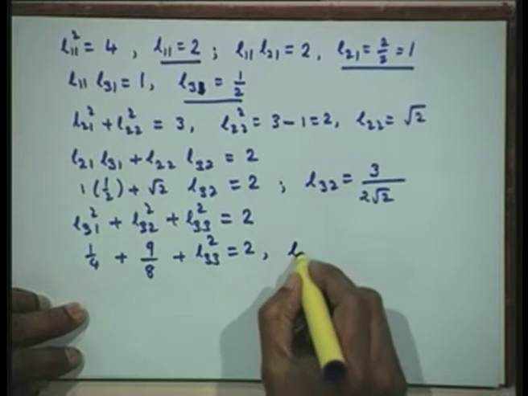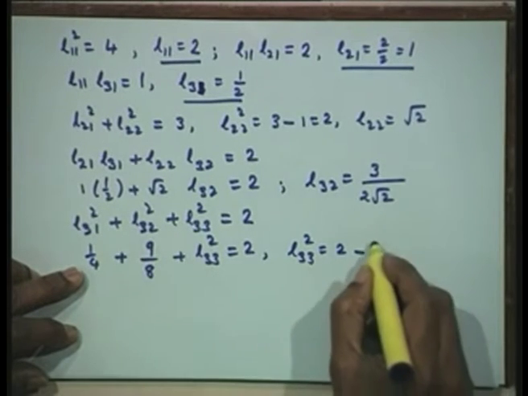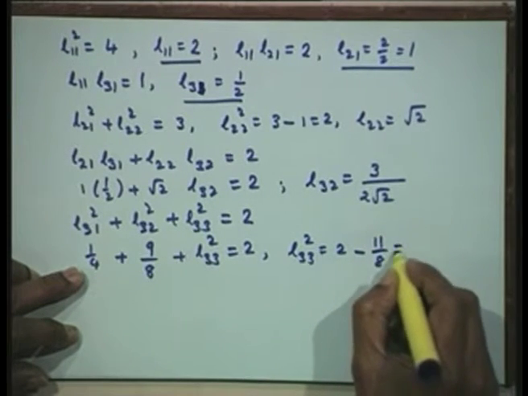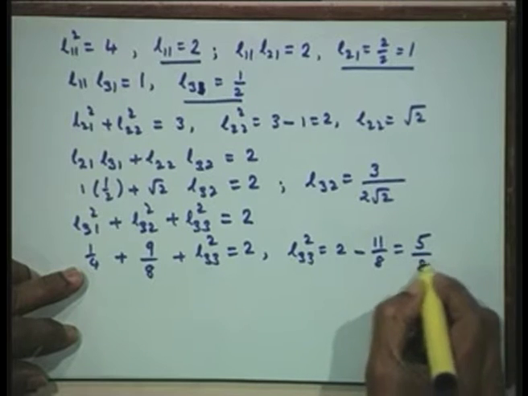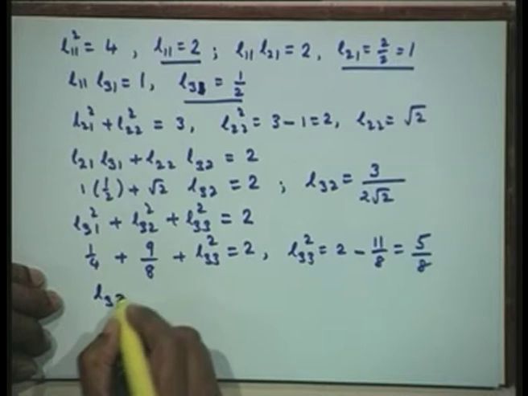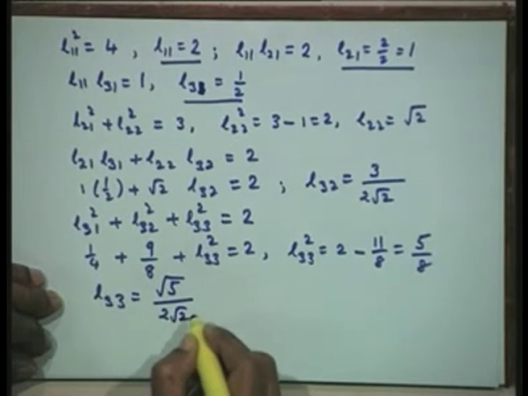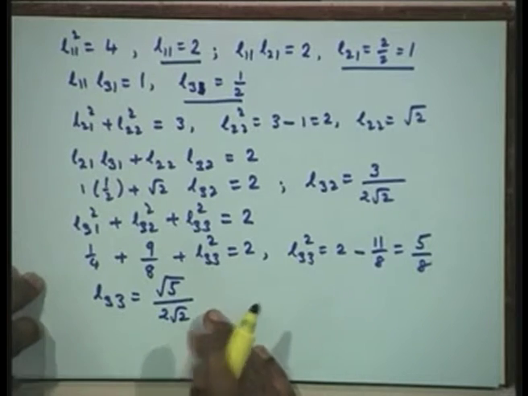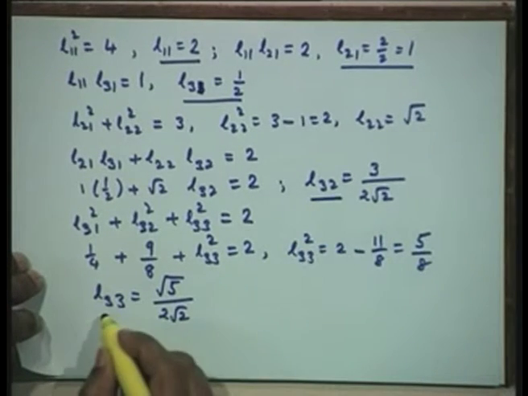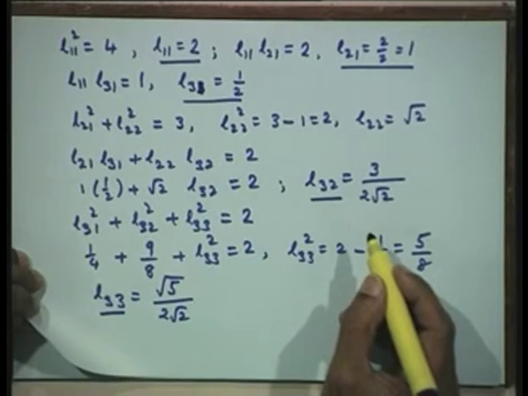So, let us take this to the right hand side. I will have this as 11 minus 11 by 8, that is 5 by 8. Therefore, we have L33 is root 5 by 2 root 2. So, all the elements are now determined.